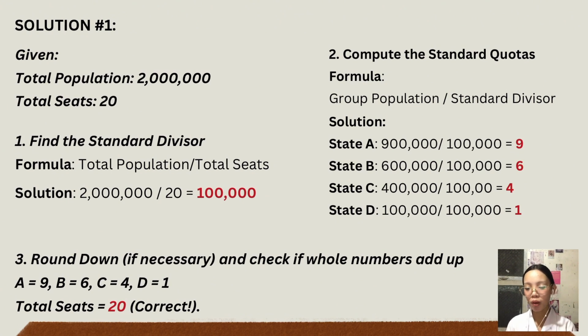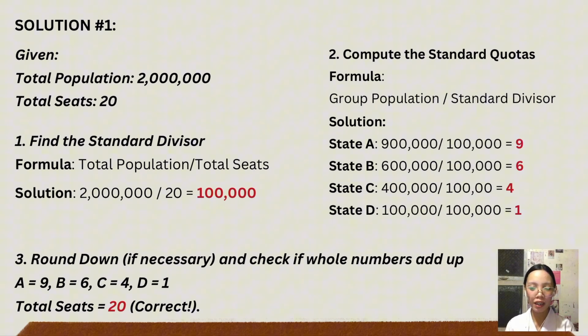State B has a population of 600,000 divided by 100,000 equals 6. State C has a population of 400,000 divided by 100,000, that will be 4. And State D, lastly, has 100,000 divided by 100,000, then the answer would be 1.